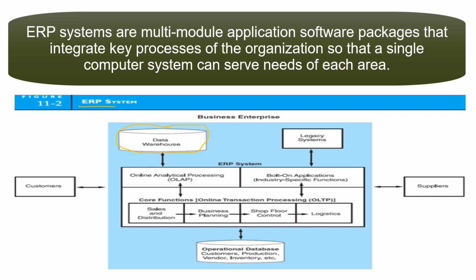Then we have the ERP system, the operational system which operates the process of the database and connects the operational database for each system, which we talked about just now: customers, production, vendors, and inventory.